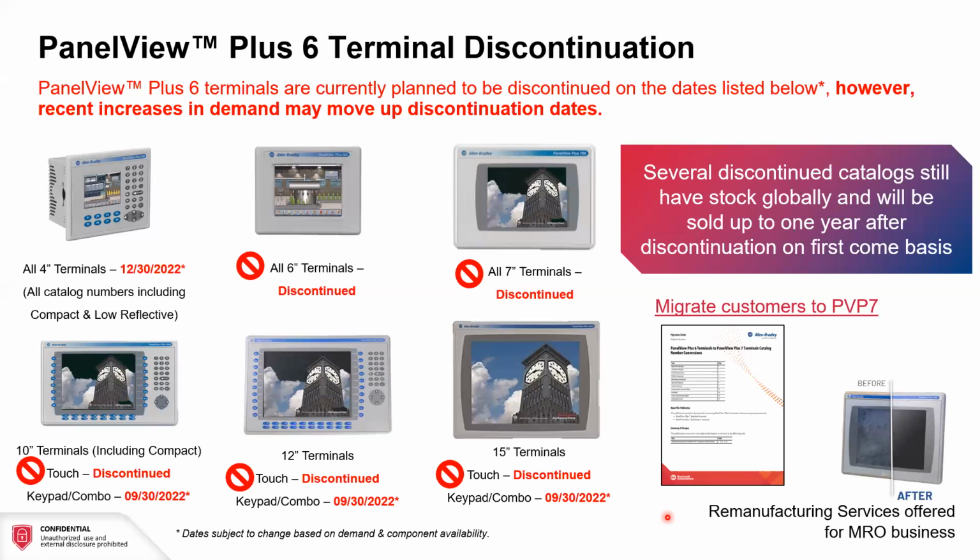Those are all documented. And if you haven't seen these documents before, they're really nice. They're like tables. You can search for the catalog number of what you have installed, and it'll give you the replacement catalog number in the PanelView Plus 7 family. And if there is a need for an adapter plate, it'll give you that information too.